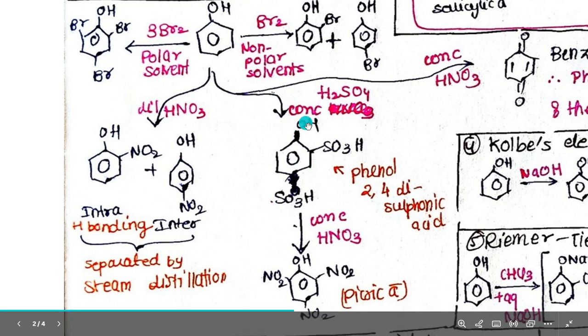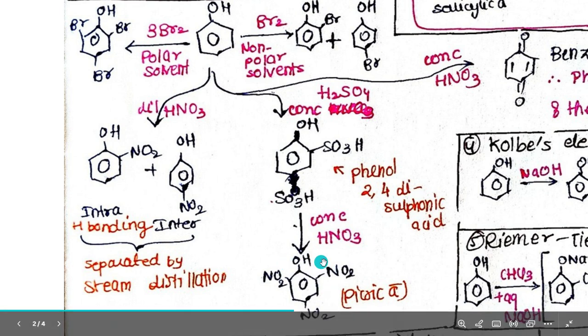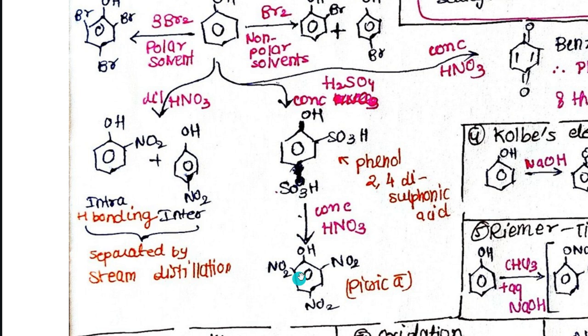Reaction with concentrated H2SO4, we will get what? This is phenol 2,4-disulfonic acid. 2,4 means what? At ortho position and at para position. This on further reaction with concentrated HNO3, we get 2,4,6-trinitrophenol, which is also known as picric acid.